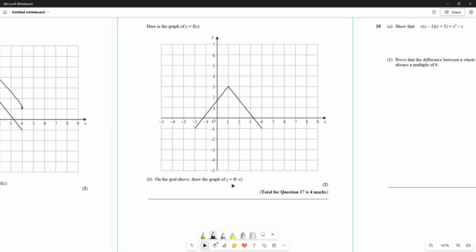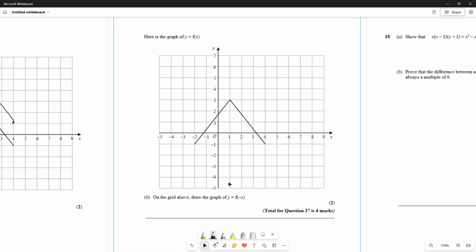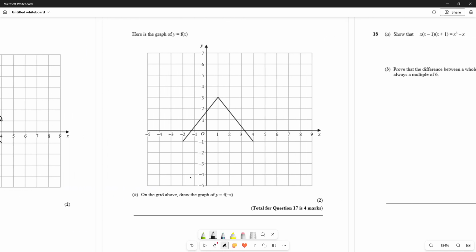Okay, now let's look at this one. The same graph again, and we want to draw y equals f of minus x. What does this mean? Well, let's look at 1. When x is 1, y is 3. However, let's plug in 1. How can we get f of minus x equal to f of 1?